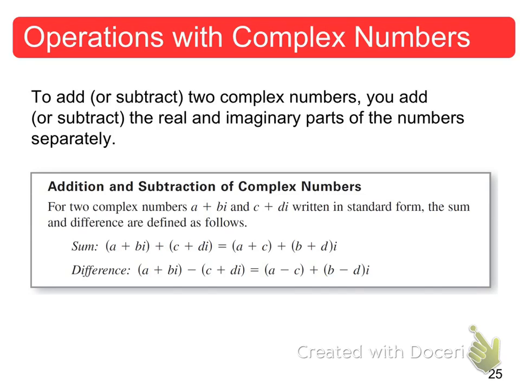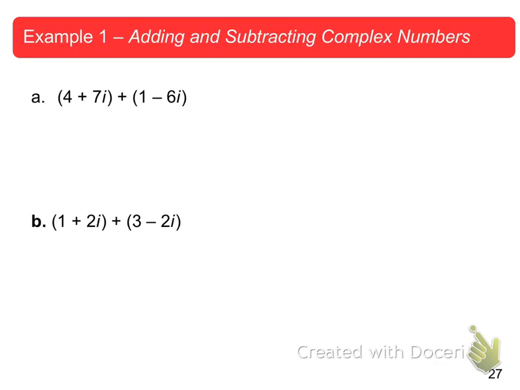So you are going to do this the same way that you would combine like terms. So let's look at combining some of these. Here I've got 4 plus 7i plus 1 minus 6i.